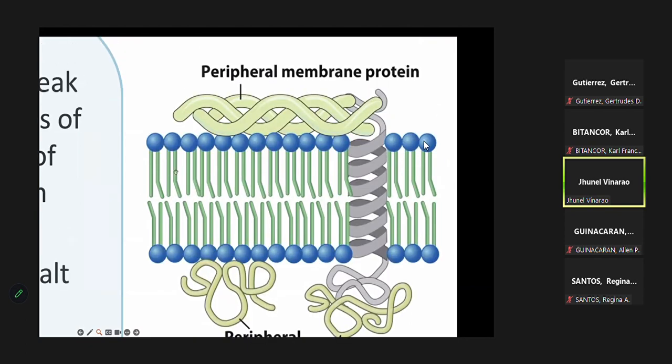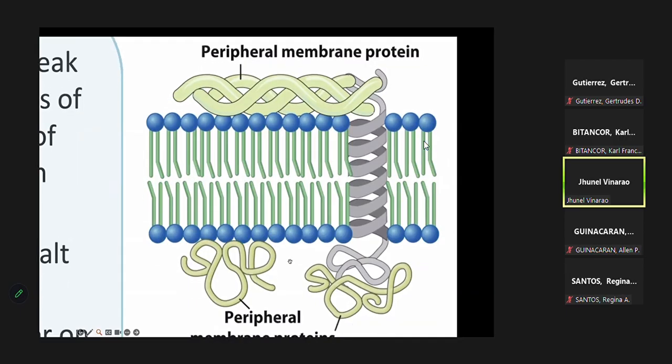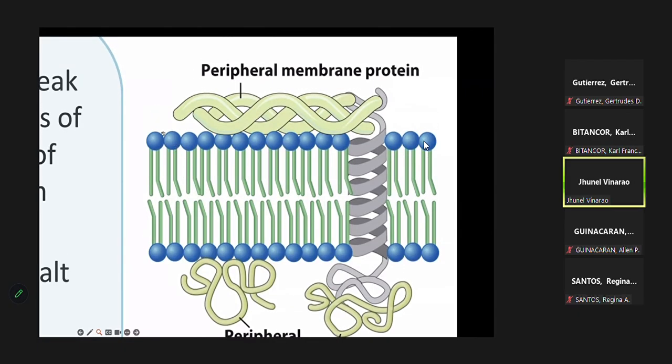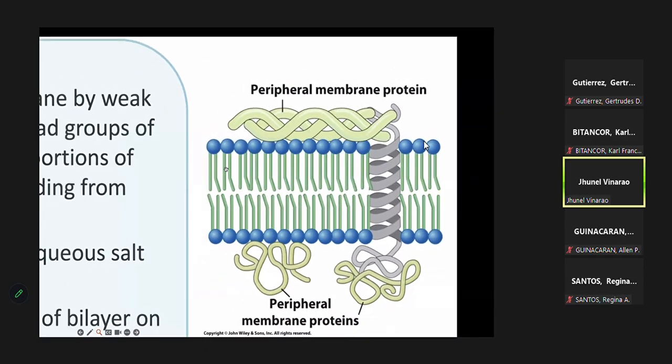The other side is called the non-cytosolic monolayer. Let us repeat: the one facing the cytosol or cytoplasm is the cytosolic monolayer, and the one facing the extracellular component is the non-cytosolic monolayer.